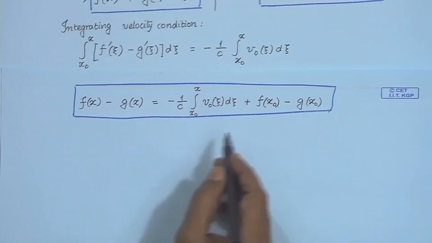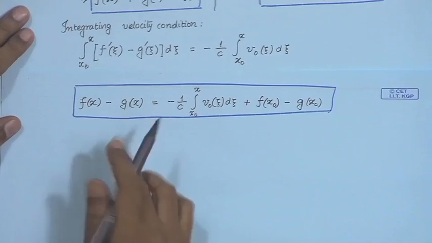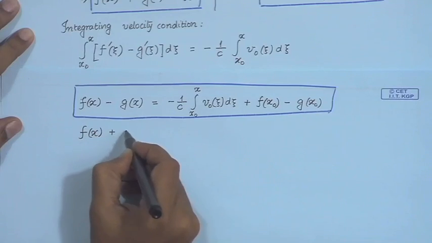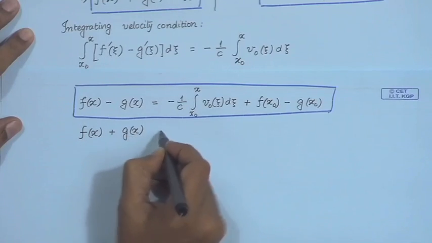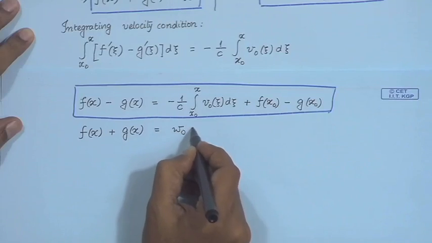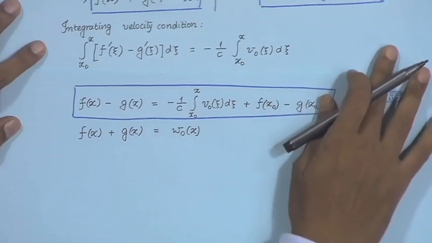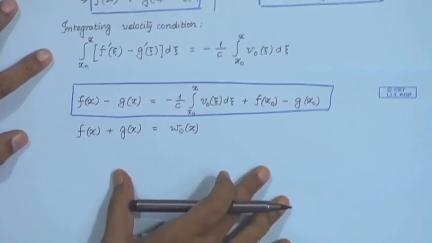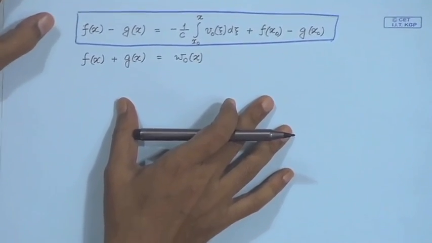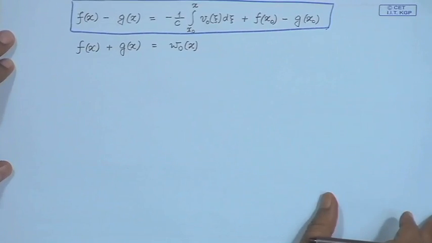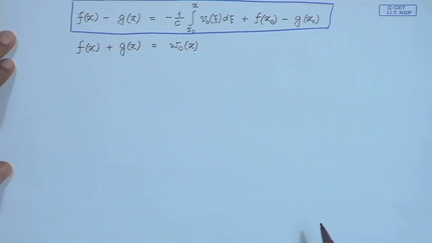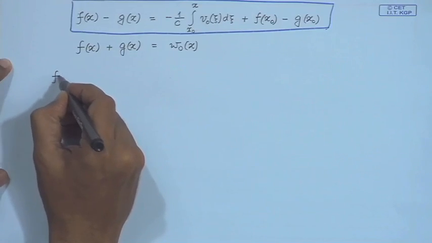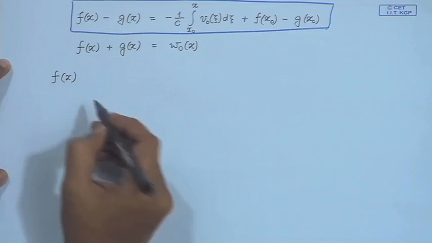This, along with what we have obtained here, gives us two equations we can solve simultaneously to determine f x and g x.